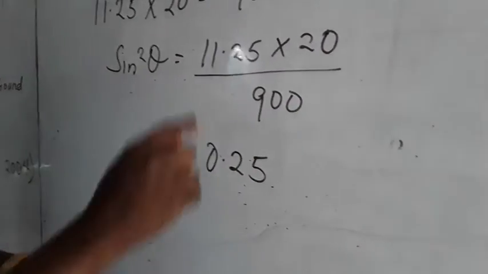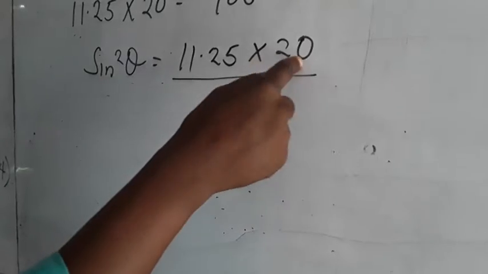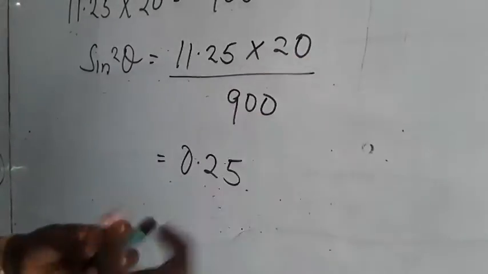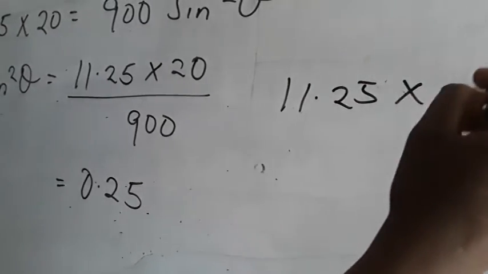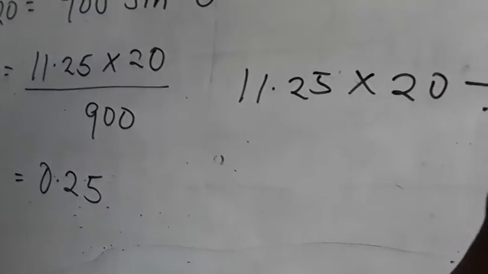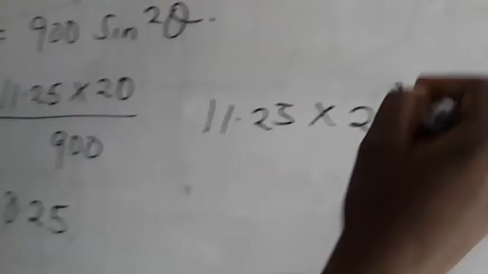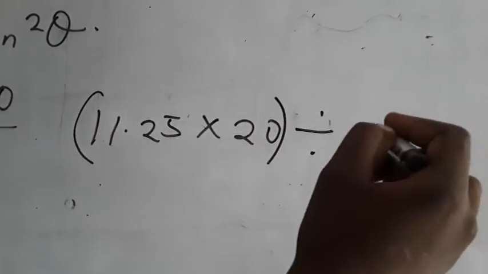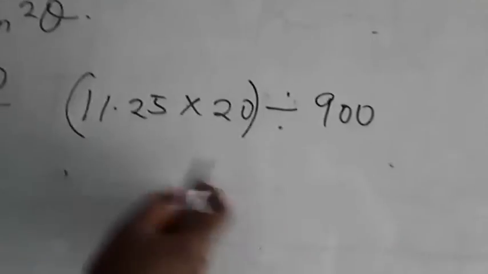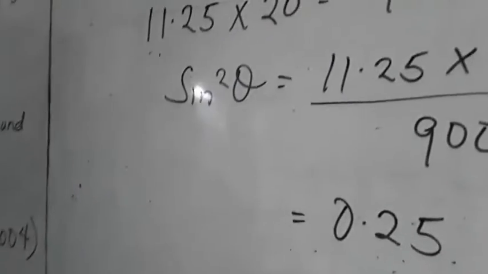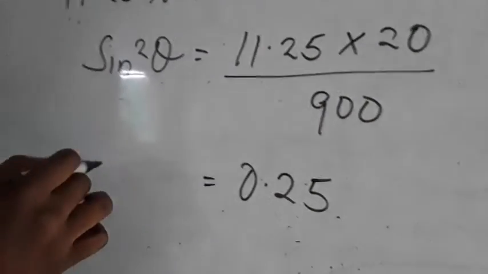Now in your calculator, you open the bracket, 11.25 multiplied by 20, close it, then divided by 900. Because if you do it directly, sometimes your calculator might solve it wrongly and you will get a wrong answer. So do it that way.